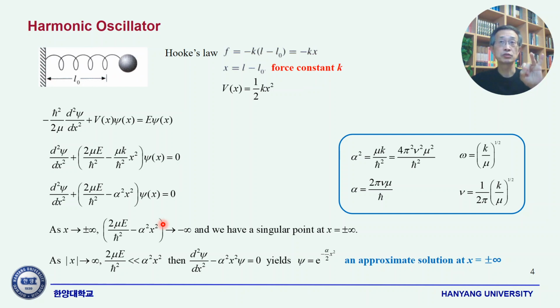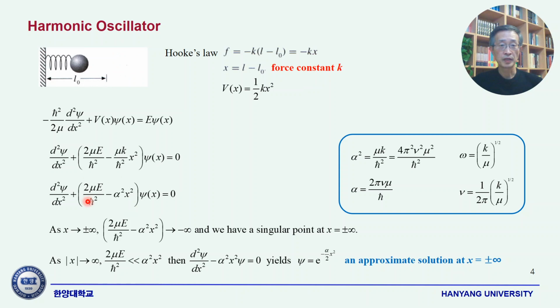It should also be square integrable, meaning it does not have a singular point and does not diverge. It should converge in all domains. So when x goes to positive or negative infinity, psi must converge.